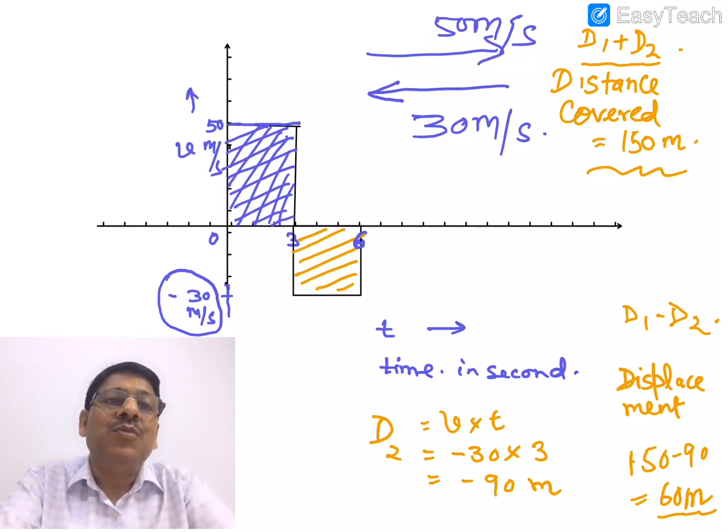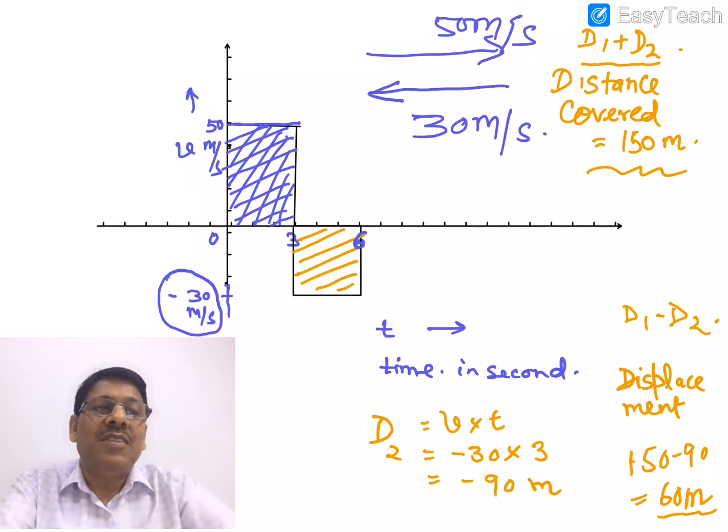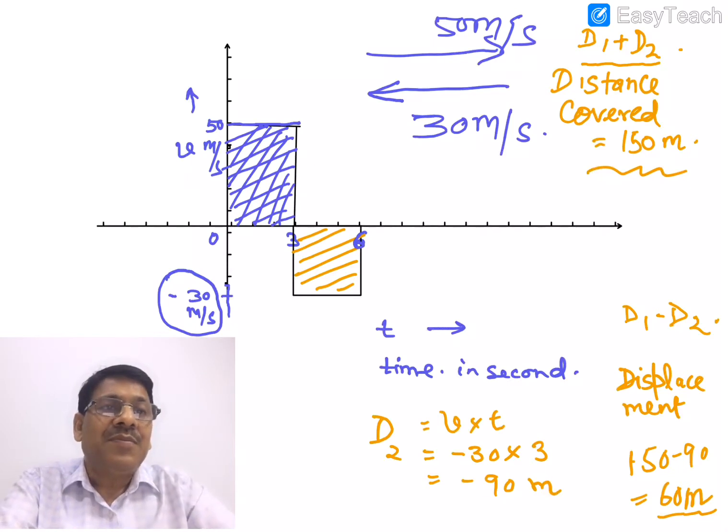Here two slots, one is by blue color in which velocity is 50 meter per second and time is 3 seconds. Their product is 150.